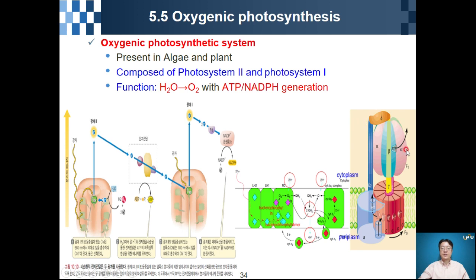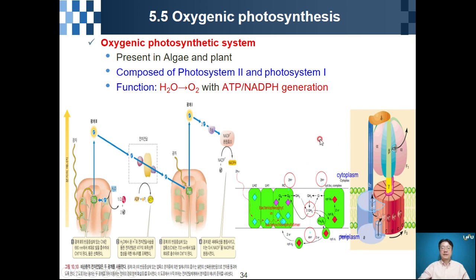Okay, so this is the photosynthesis in the bacteria. However, the oxygenic photosynthesis system is present in the algae and plants. So this one is present in the bacteria.